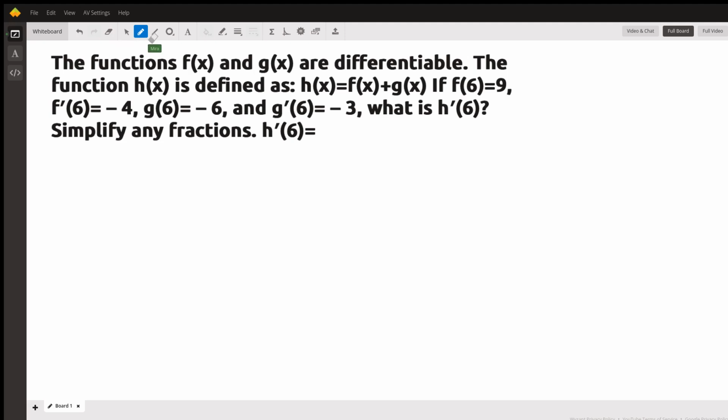Simplify any fractions. Okay, the first thing that we want to write down quickly is this right here. So h of x is equal to f of x plus g of x.